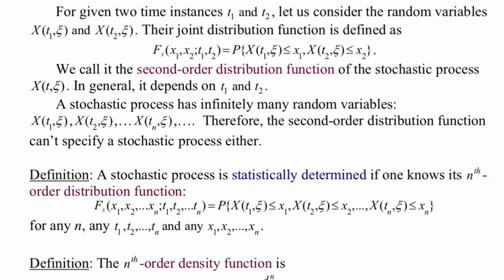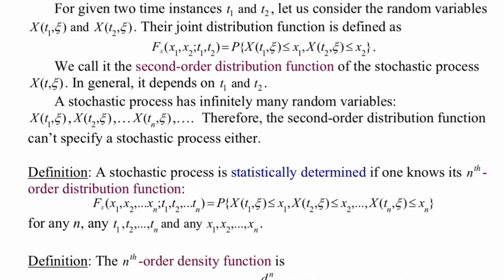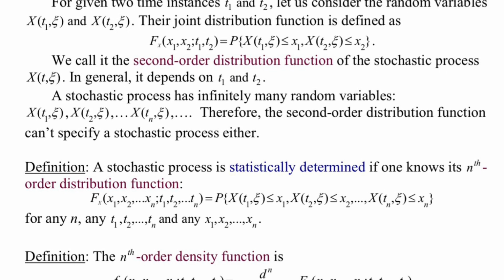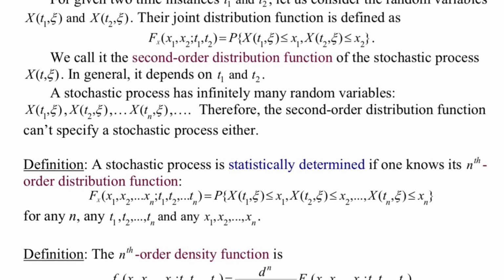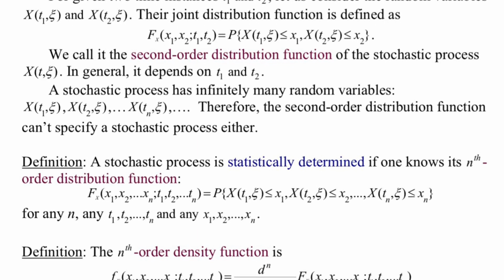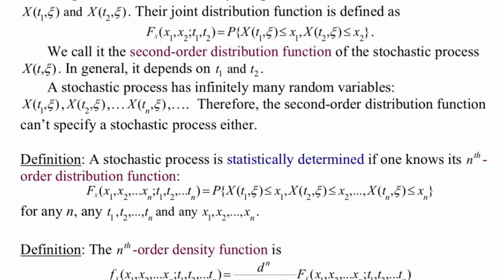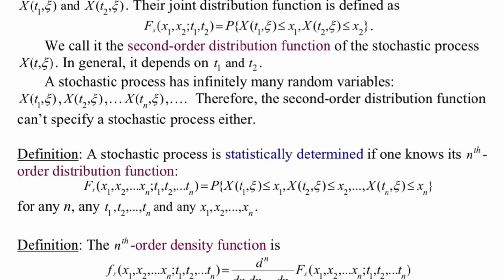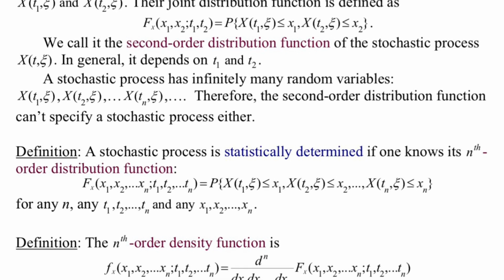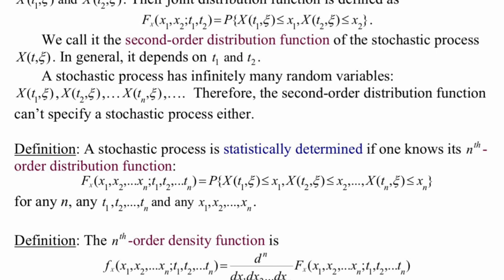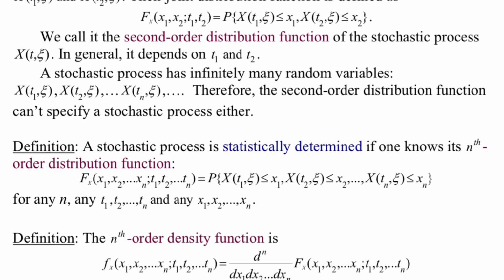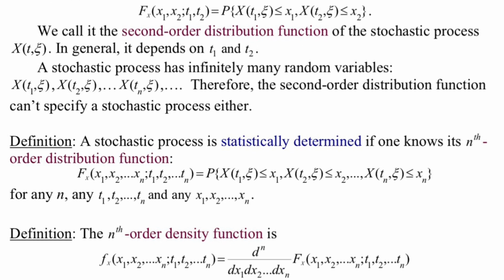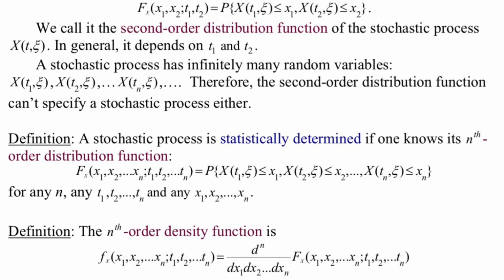For given two time instances t1 and t2, let us consider the random variables X(t1) and X(t2). Their joint distribution function is defined as F(x1, x2, t1, t2) equal to P(X(t1) smaller or equal to x1, X(t2) smaller or equal to x2), and we call it the second order distribution function of the stochastic process X(t).